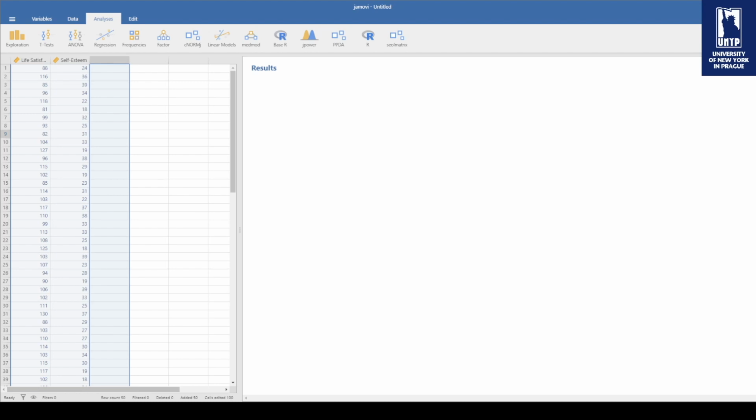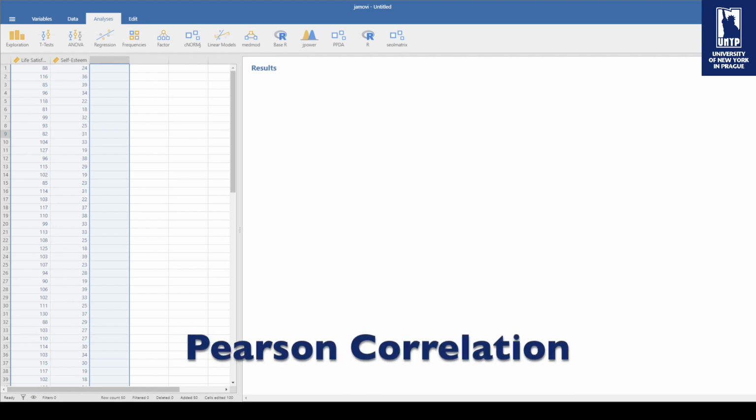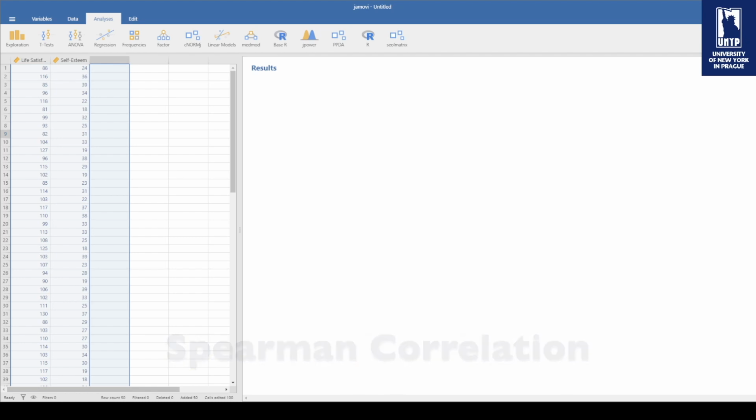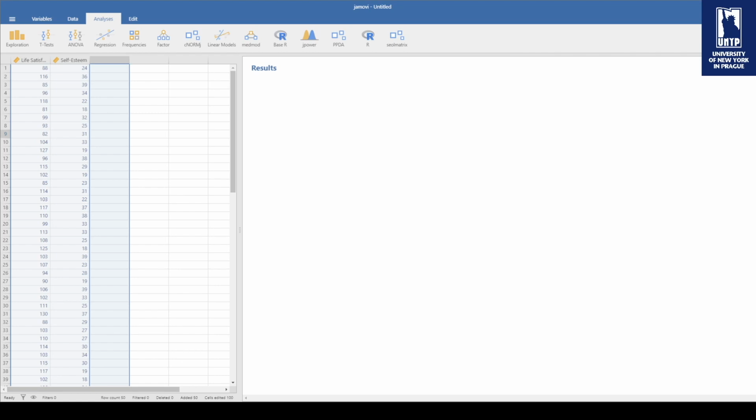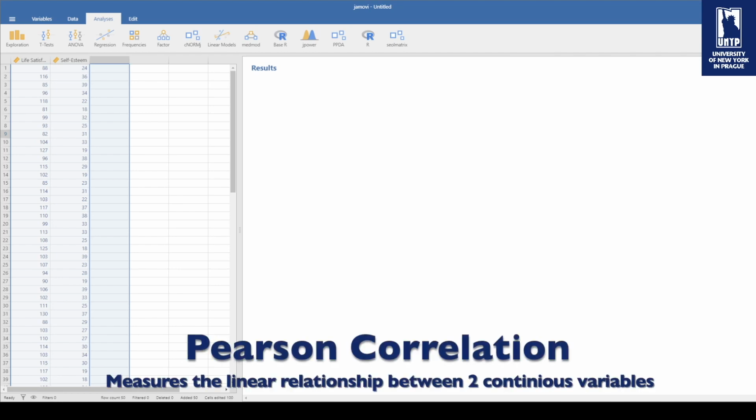So, there are several types of correlation, but we will focus on two of the most commonly used, Pearson correlation and Spearman correlation. Pearson's correlation, also known as Pearson's r, keep in mind the italic for APA, measures the linear relationship between two continuous variables.